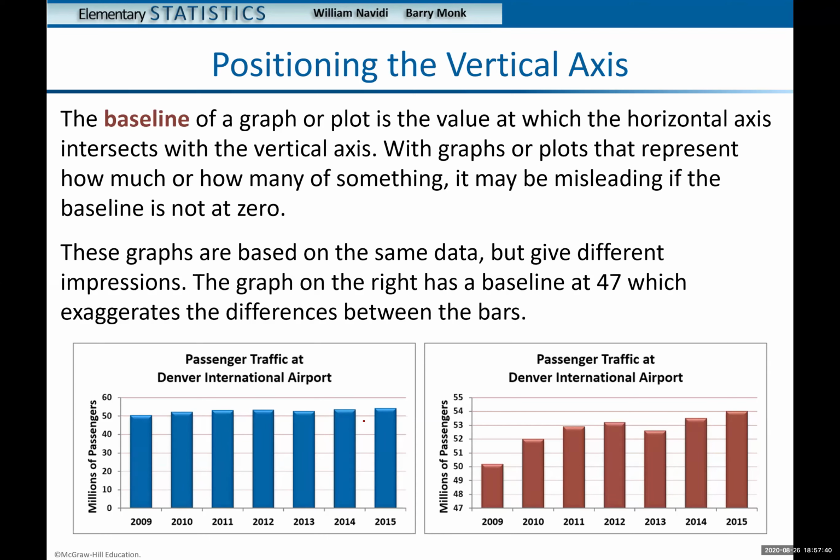Look at the two graphs here. The graph on the right, they started at 47. That's the baseline. The graph on the left, they started at 0. Which one is misleading here? Look.